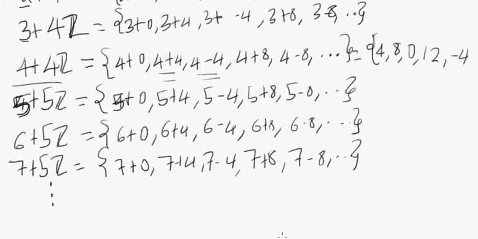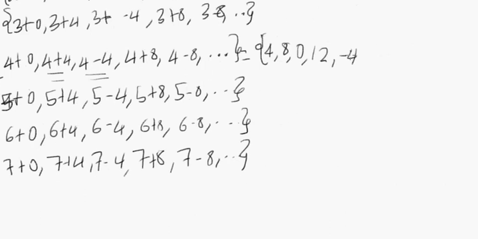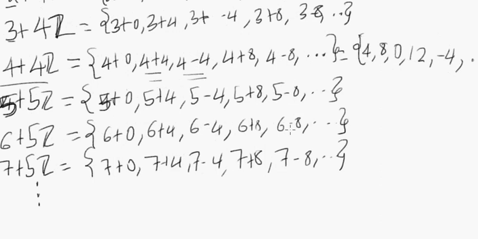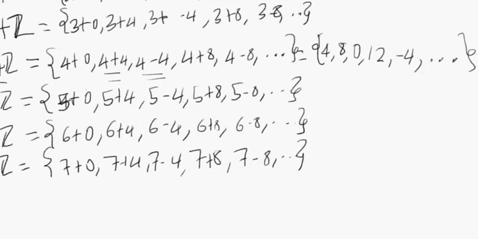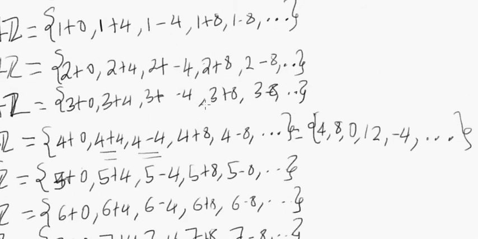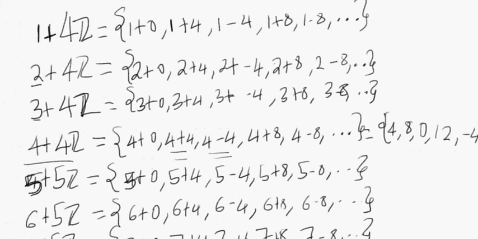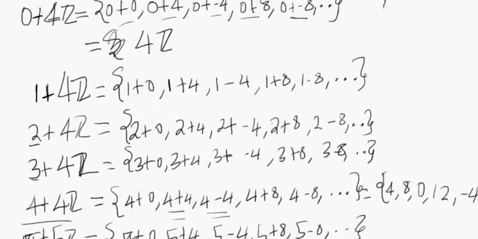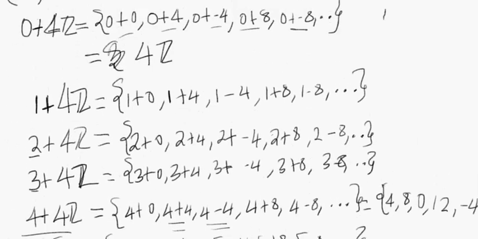Okay, and if we continue this process, I guess the question becomes this. If we really evaluated 4 plus 4z and wrote out a couple of elements, because think about it, 4 is an element. Okay, so 0 plus 4z was just 4z.